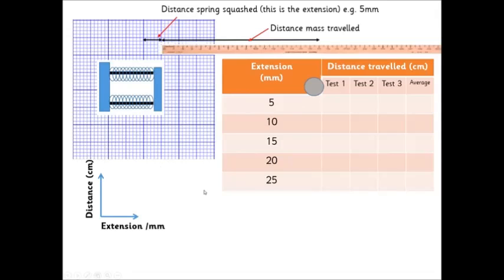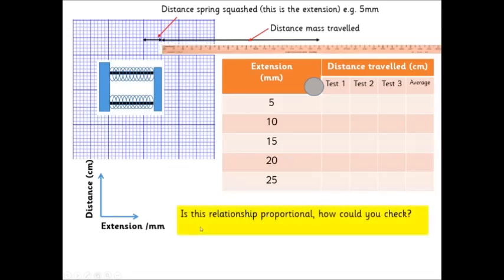All I want to quickly mention is that if we plotted distance against extension, then if this was a proportional relationship, this would be a straight line through the origin. So as you doubled the extension, you would double the distance. It's not actually, and that's because the relationship is to do with a squared value, but we're going to come to that in the formula in a moment.